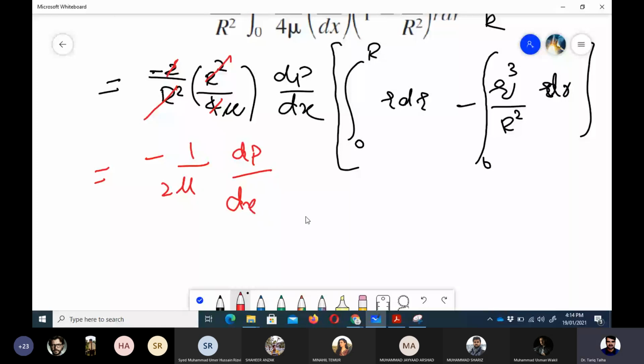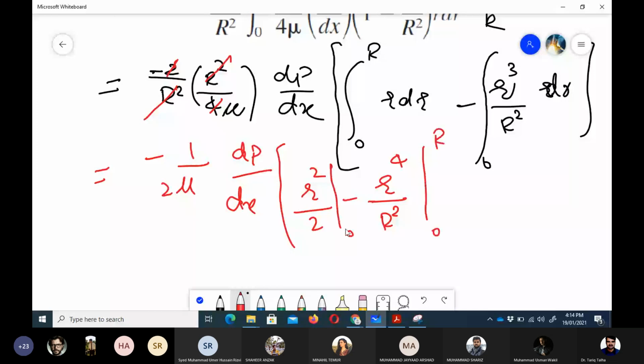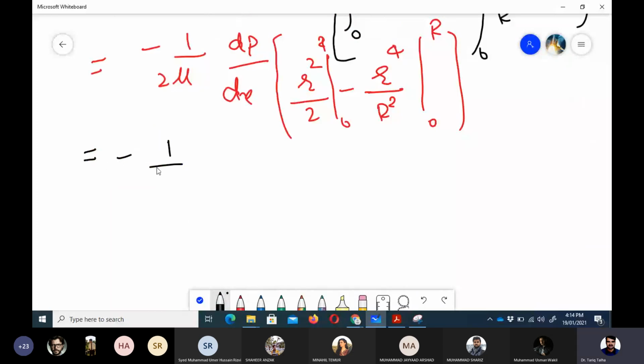Now inside the integration we would have r square divided by 2 minus r raised to 4 divided by r square, and then the limits we know are 0 to r, right. So minus 1 upon 2 mu into dp by dx.